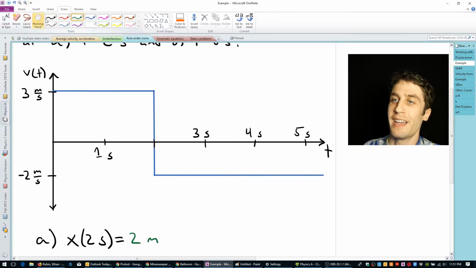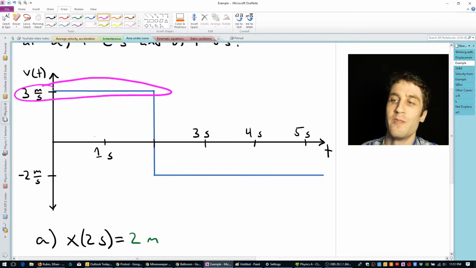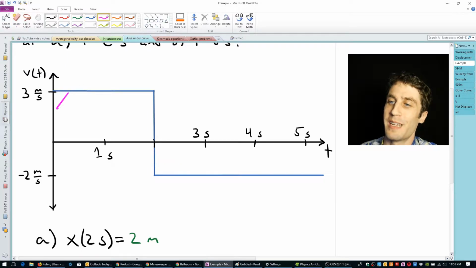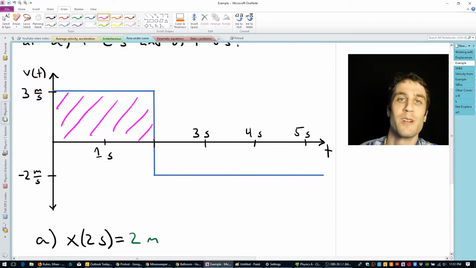It's moving to the right at 3 meters per second. So how do we determine the change in displacement from 0 seconds to 2 seconds? Well, it was moving at 3 meters per second for 2 seconds. You could just multiply those together, but I would like you to think about it as the area under this curve here.